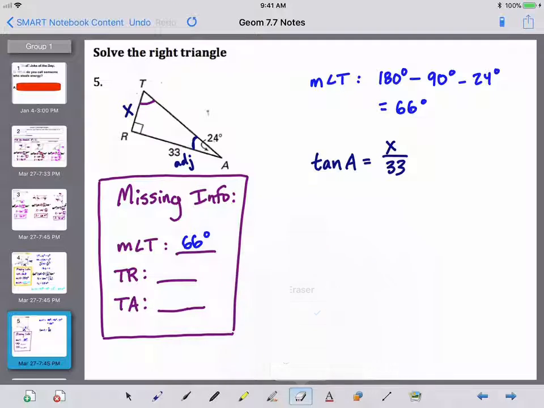And now in this case, since we know angle A is 24 degrees, we can fill that in. Okay, so this is a little review from a previous lesson. So to get this by itself, we're going to multiply both sides by 33. And if you plug 33 times tangent of 24 into a calculator, you're going to get about 14.7. So that is the length of TR.